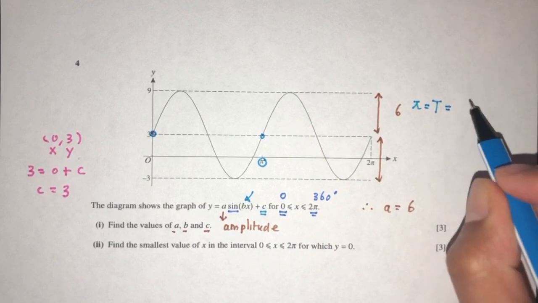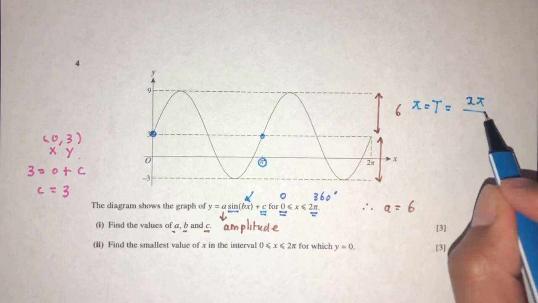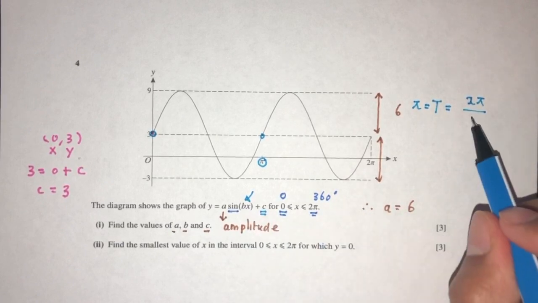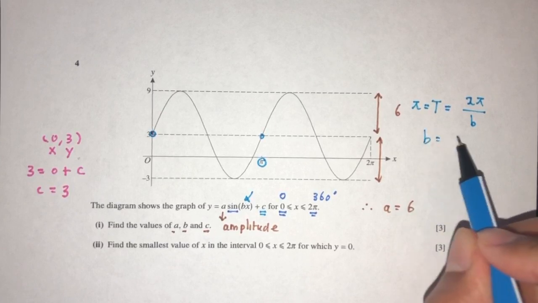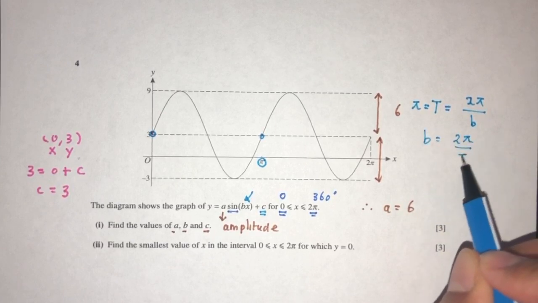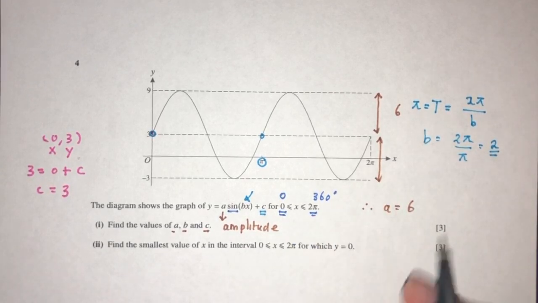This is found by using 2 pi divided by the value of B. By comparison, B should be 2.